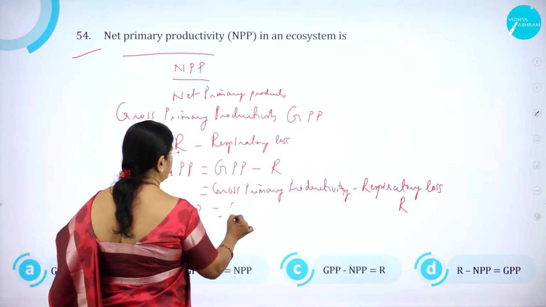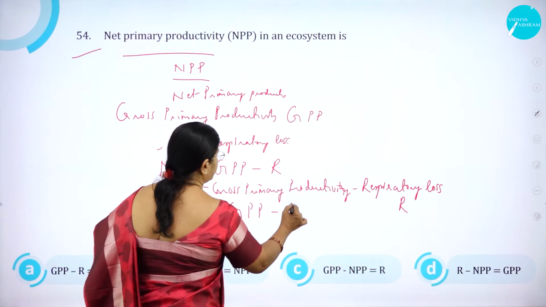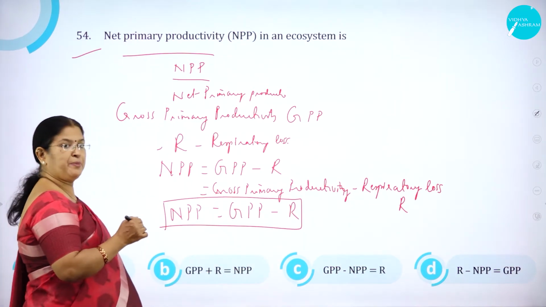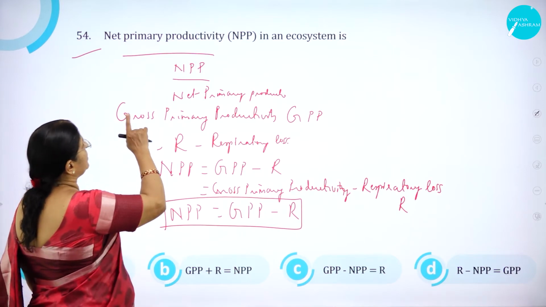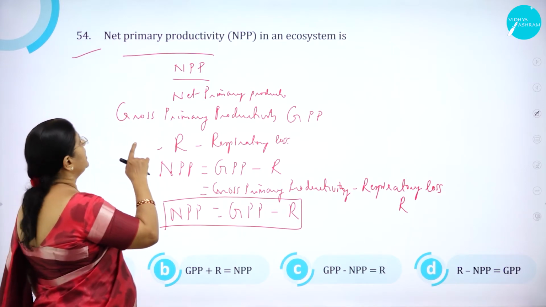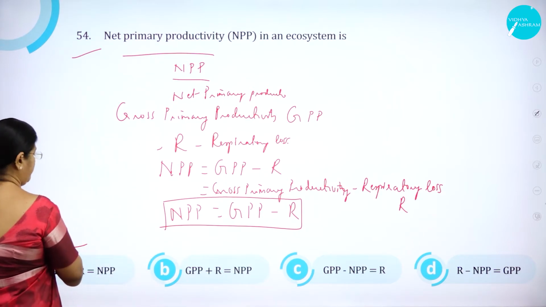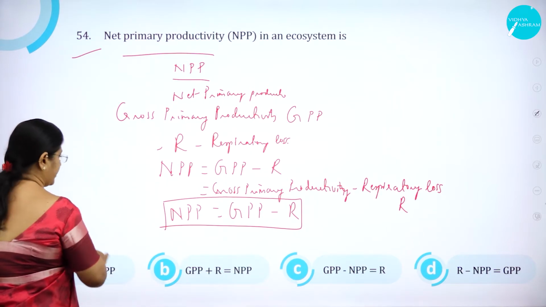So net primary productivity NPP in an ecosystem is option A, GPP minus R, NPP, correct.